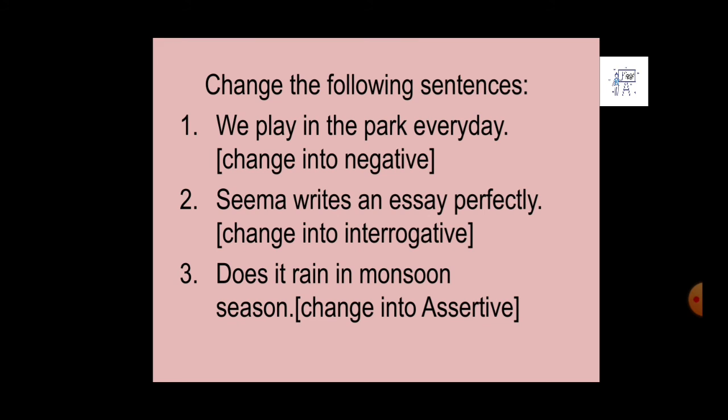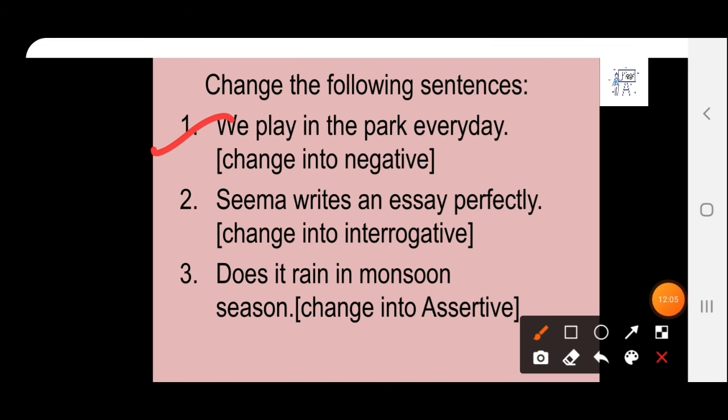Next, when we have to change the sentences according to the directions, like here first example is, we play in the park every day, and this sentence is supposed to change into negative. How we will change? We do not play. We is given here, then we will follow do not.